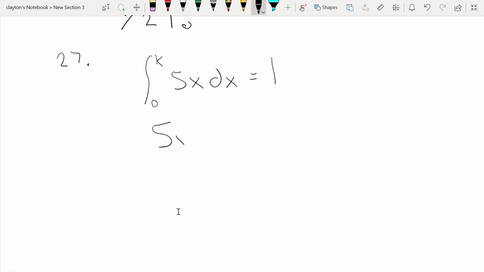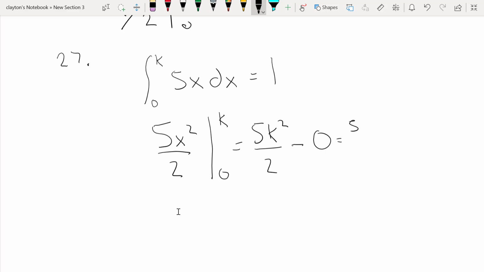So 5x squared divided by 2, same reverse power rule, we add 1 and divide by that same value, between k and 0. If I plug in k, it's just going to take the place of x. And if I plug in 0, I'm going to get 5 over 2 times 0 squared, or in other words, 0.